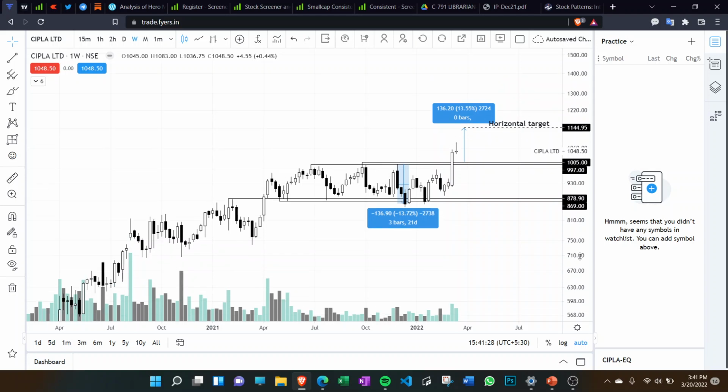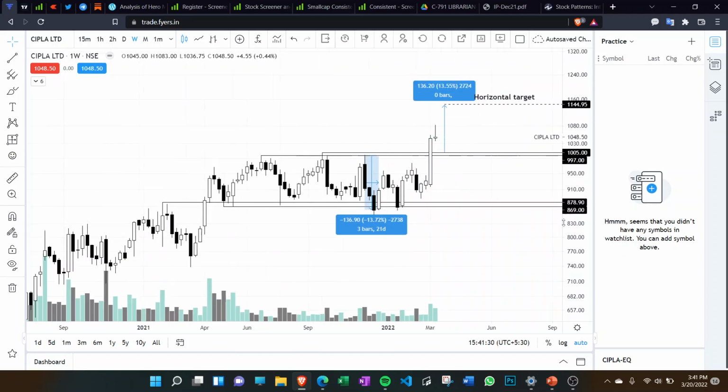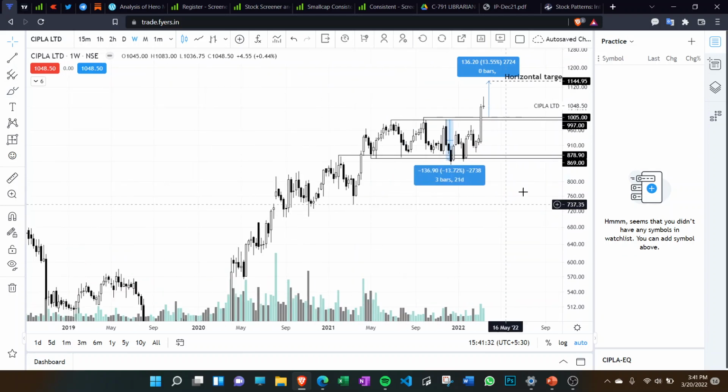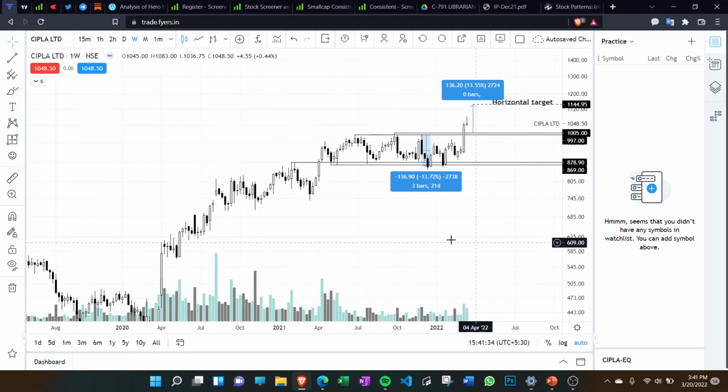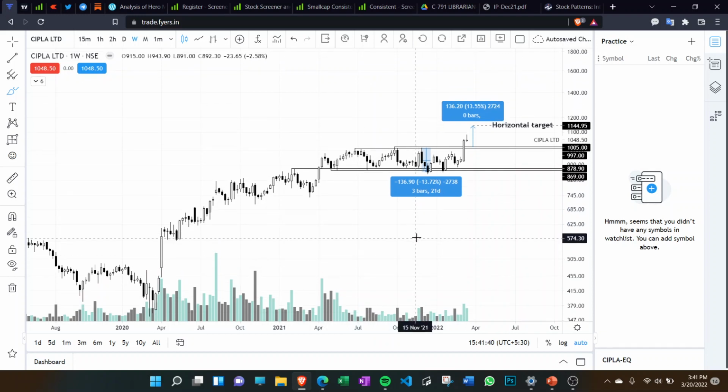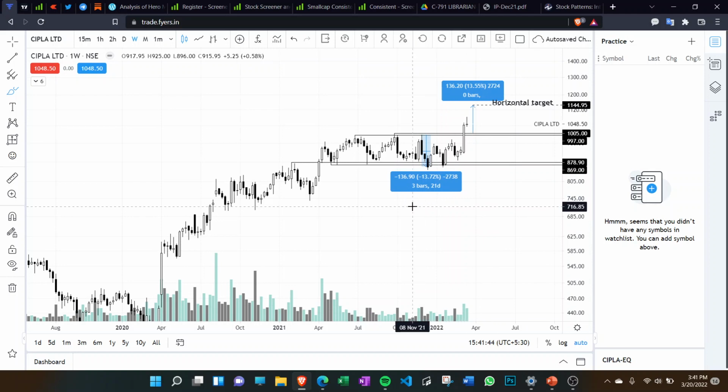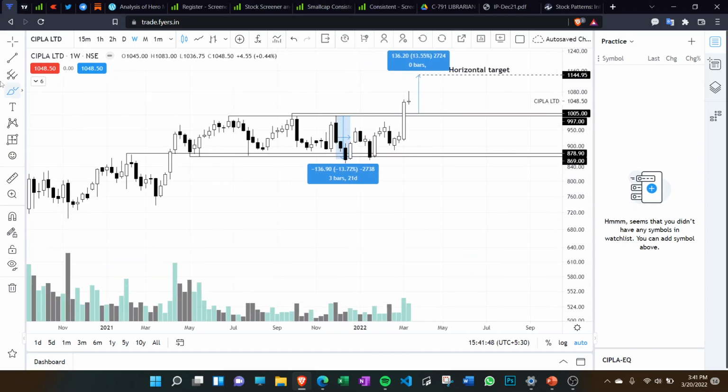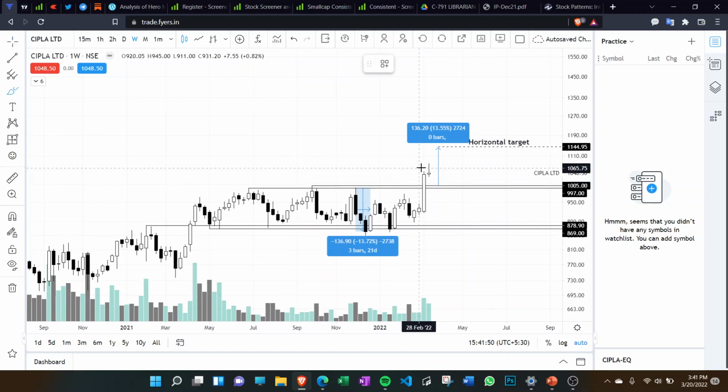So how to interpret this pattern? First, you have to take a look at the prior trend. That is very important because the prior trend tells if this is a continuation pattern or a reversal pattern. Not exactly the prior trend, but the breakout tells if this is a continuation or a reversal pattern, because it can break on the upside, as in this case, or it can break on the downside.